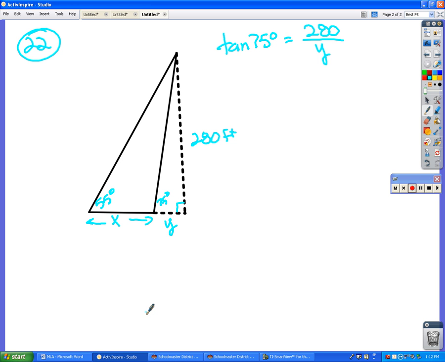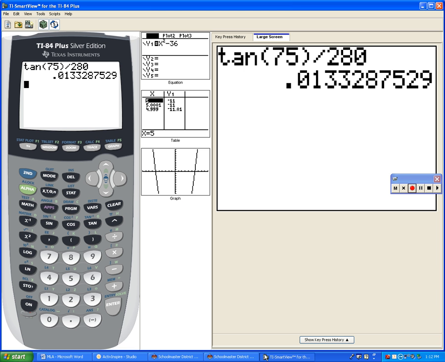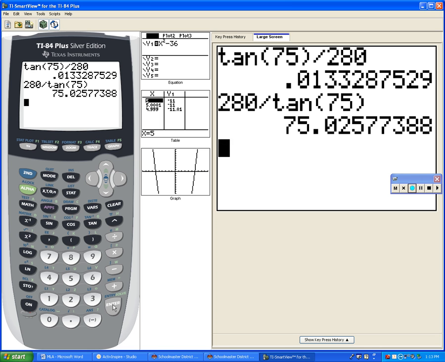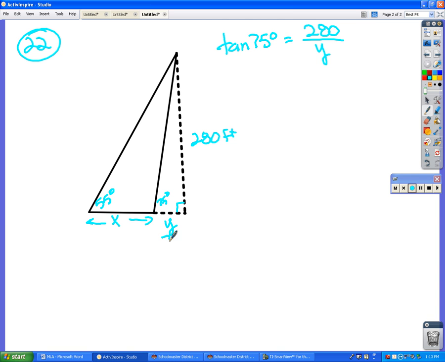No. So you obviously did something wrong there, and what you did wrong is you went backwards. What you're supposed to do is 280 divided by tangent of 75. And that gives you the length of that side as being 75 feet, which makes a little bit more sense.